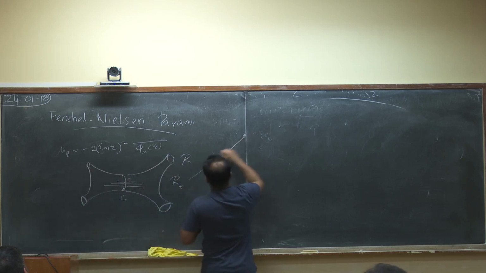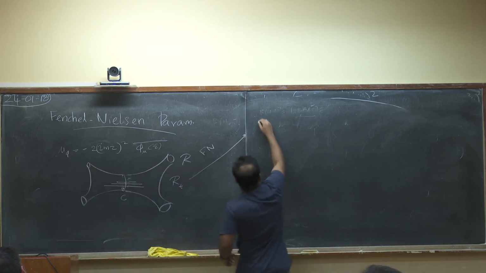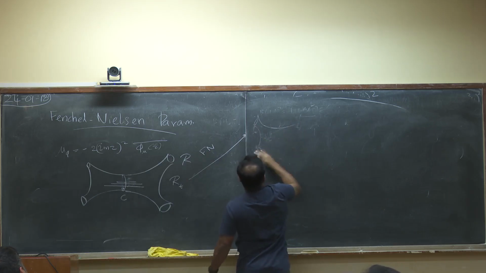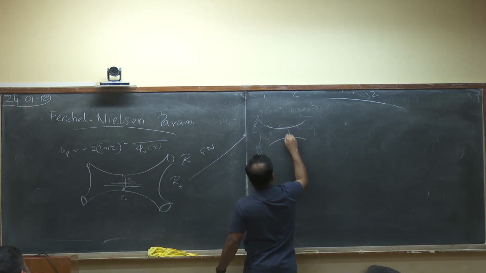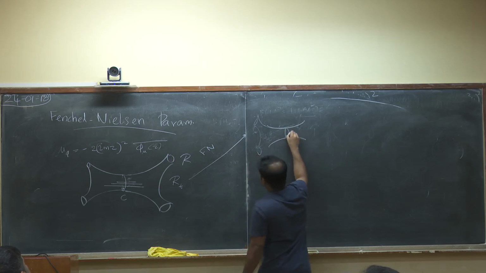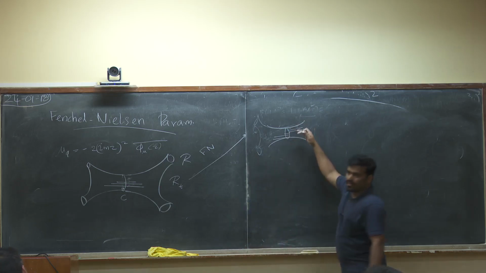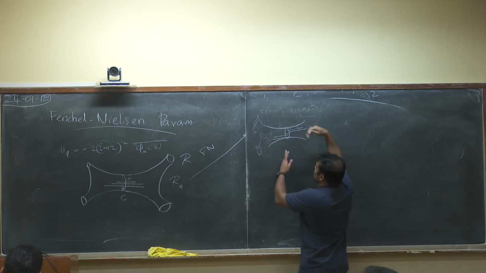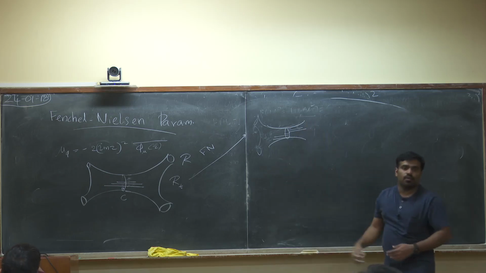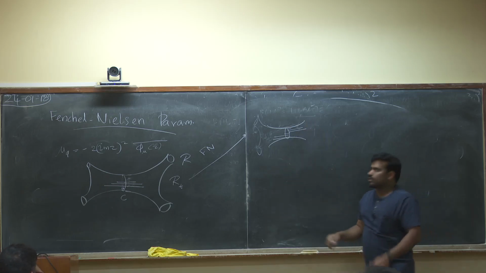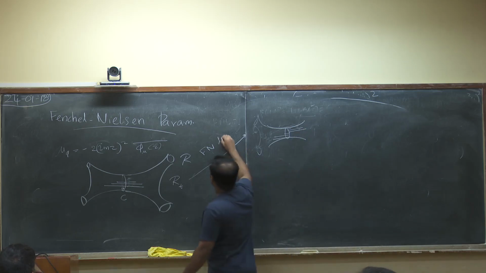So the Fenchel-Nielsen twist does the following. It fixes the left side and then rotates the right side, so that the rays on the right side will not match with the rays on the left side, which were matching in the previous situation. So this is a Fenchel-Nielsen deformation.